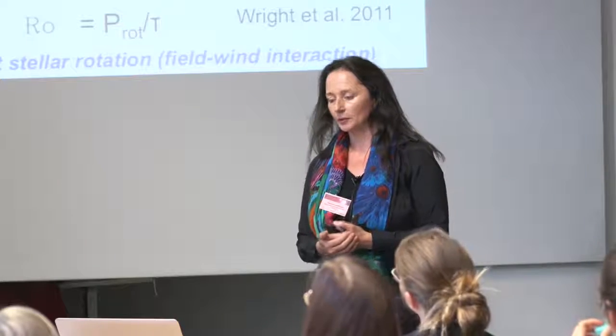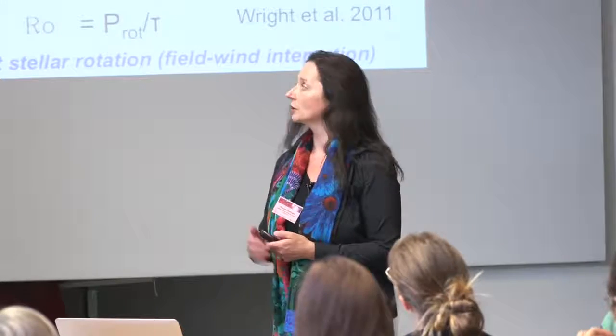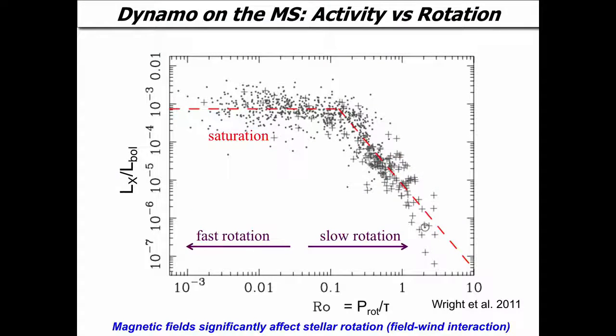If we take a closer look at the rotational evolution of solar type stars, what you see here is plotted Rossby numbers against LX over L-bol, so activity in X-ray in relation to bolometric luminosity.